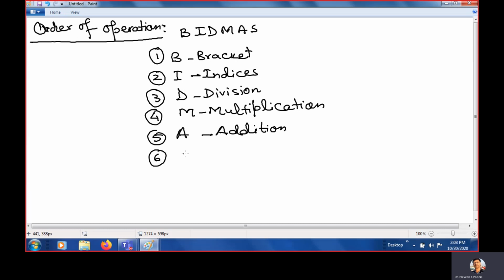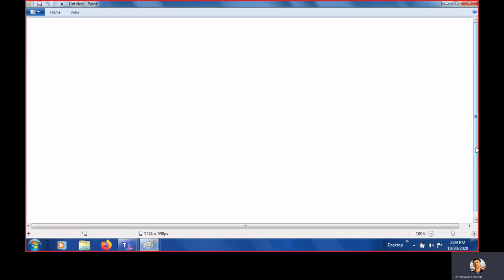And number 6 is S, subtraction. So this is the order in which we are going to do it. Indices means powers or something like that, that I will explain. So these are the 6 operations or situations where you need to use it. Clear? So you need to remember this BIDMAS rule and then we will solve the questions.